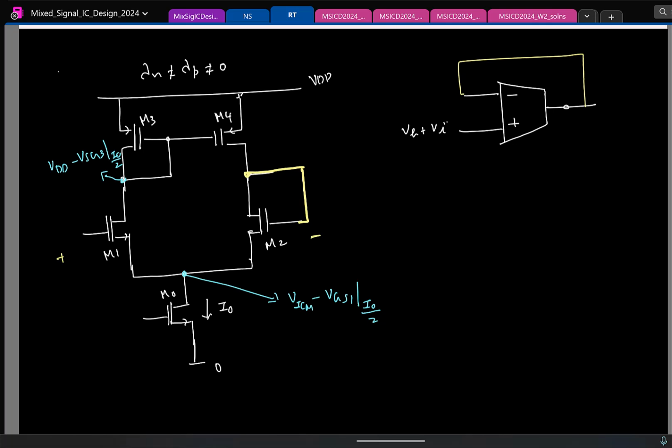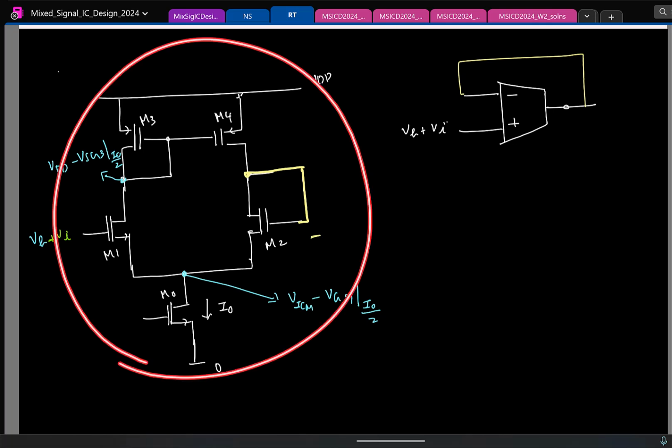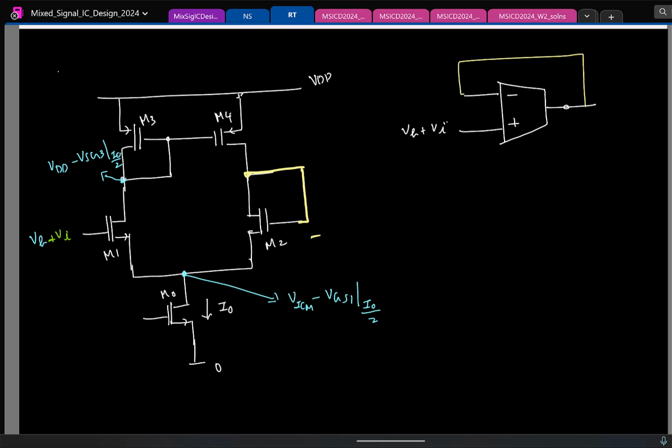And to the non-inverting terminal I am feeding in a signal VB plus VI. So here is where I will feed in the gate, DC bias VB plus a small signal VI. So your goal is to find out the limit on VI so that all the devices here are in saturation, none of them enter triode and none of them enter cutoff. Let's do the brute force way, the way we generally do.